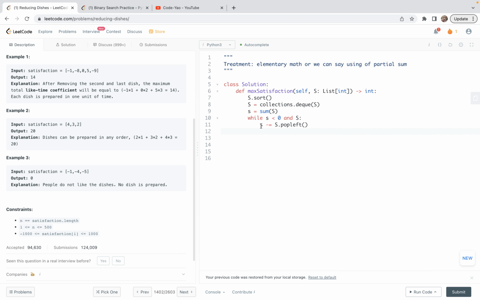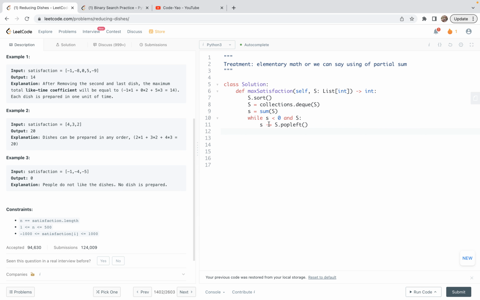So this line actually did two things. First, we pop the smallest level from the capital S, and because s is less than 0, this element will be negative, and then we use s minus that element. In effect, we increment the sum, right? So this is the while loop.